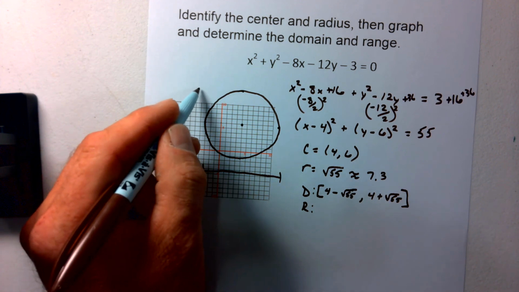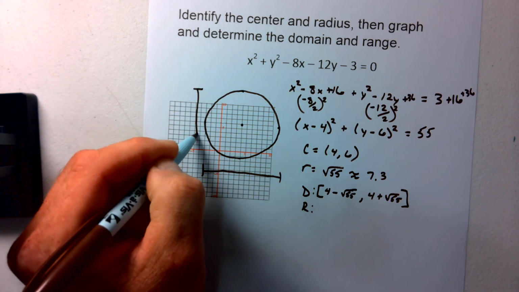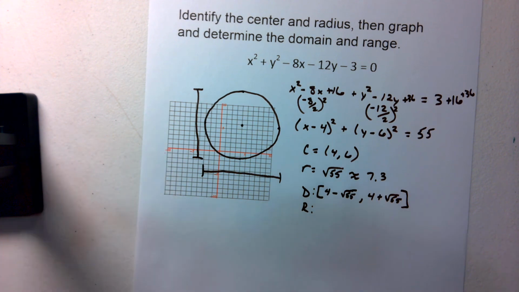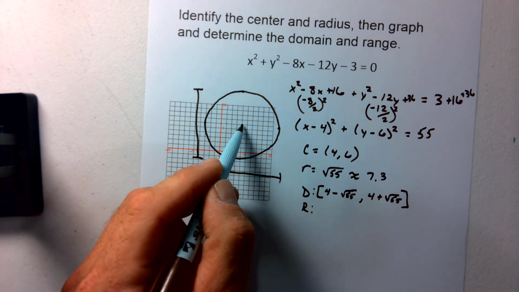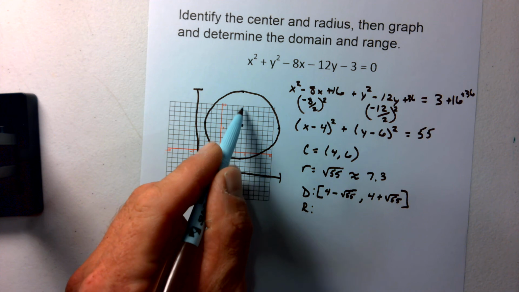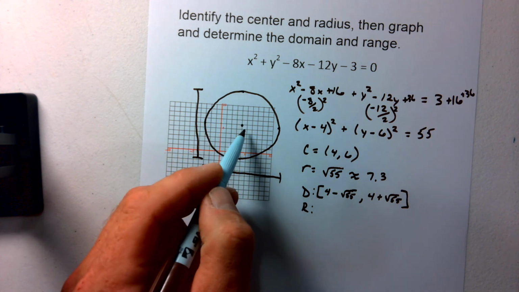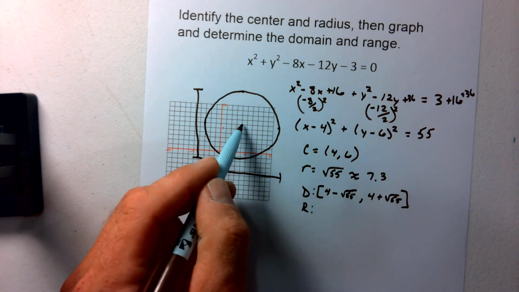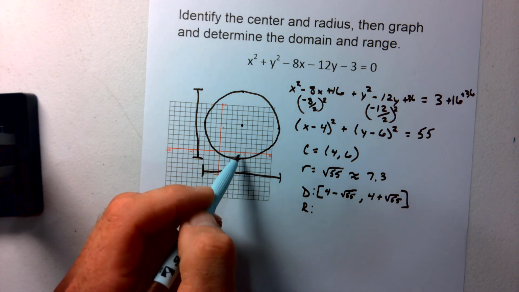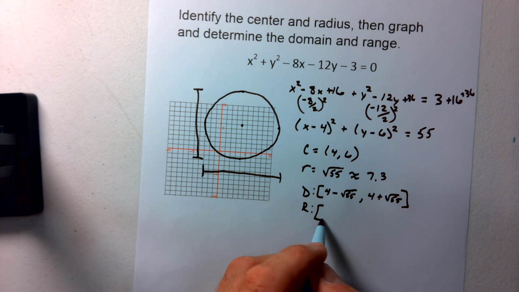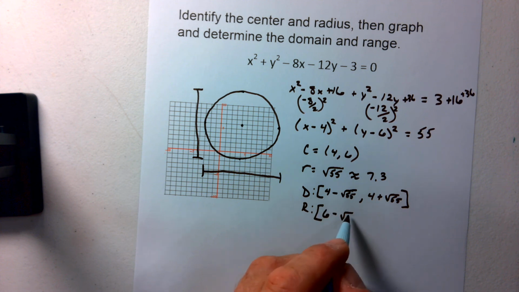My range, we're taking our points, and our graph is going to go from here to here. So my range is taking this y value and adding the square root of 55, and also subtracting the square root of 55. To get to this point down here, I can take my y value, which is 6, and subtract the square root of 55 off of it. So I get 6 minus the square root of 55.